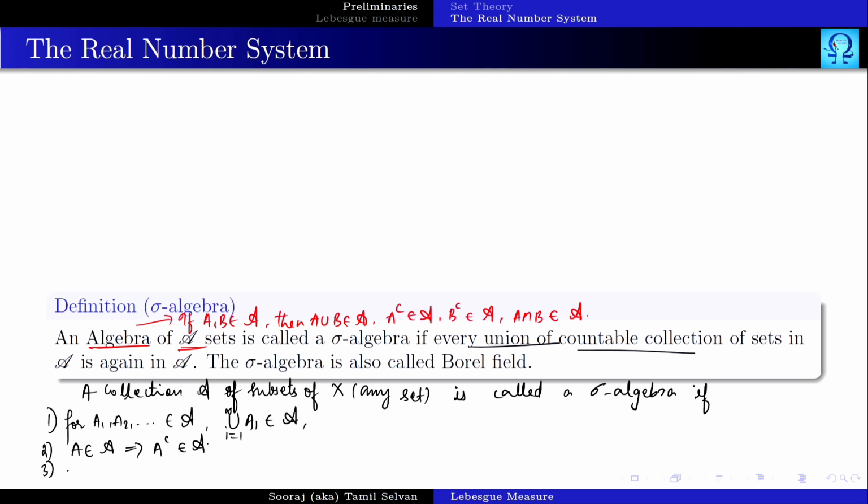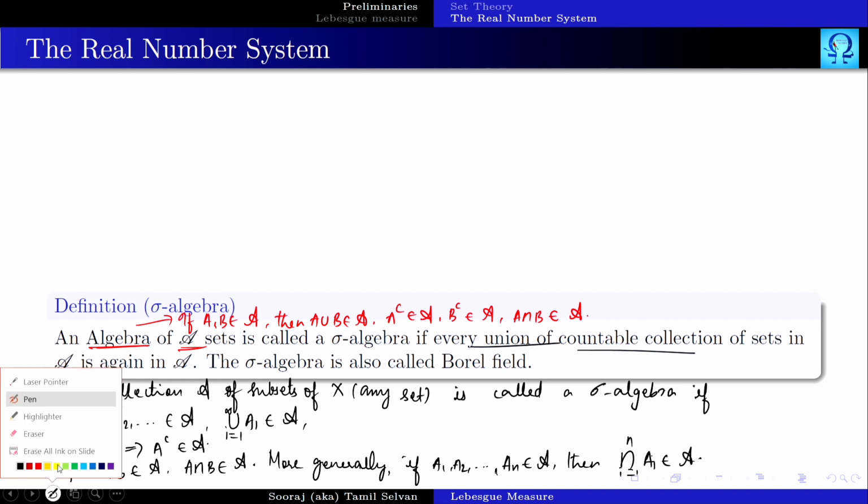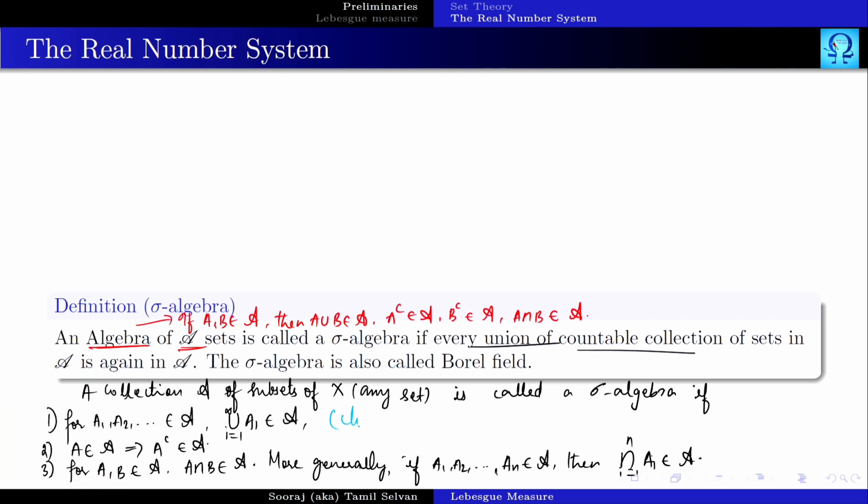The third one is for A, B in A, we must have A intersection B is also a member of A. More generally, we can say if A1, A2, till An are in A, then intersection i runs from 1 to n, Ai is in A. So these things may be simply known as the condition of being closed under countable union. Next is closed under complement.